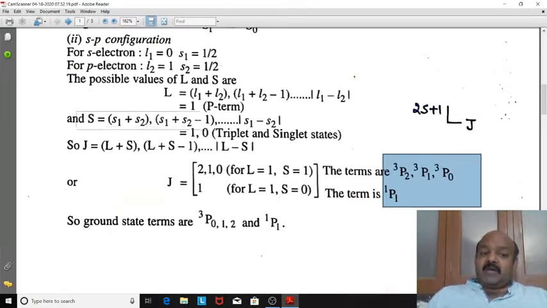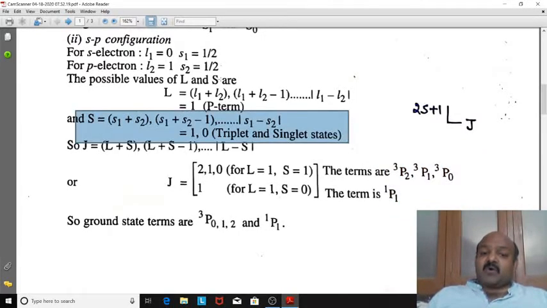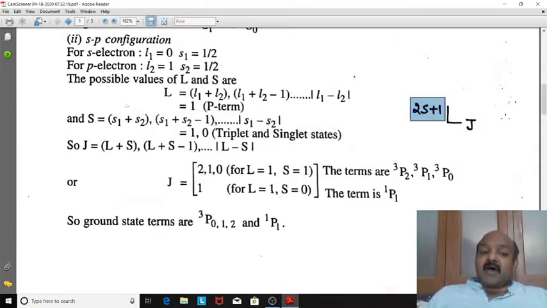So now we calculate capital S. Capital S corresponds to here S1 is plus half, S2 is plus half. So half plus half is 1, half plus half minus 1, that is 0. So when we calculate the multiplicity 2S plus 1 for S value 0, multiplicity is 1, that is called singlet state. And when you put S value 1, 2 into 1 plus 1, that will be 3, that state is called triplet state.